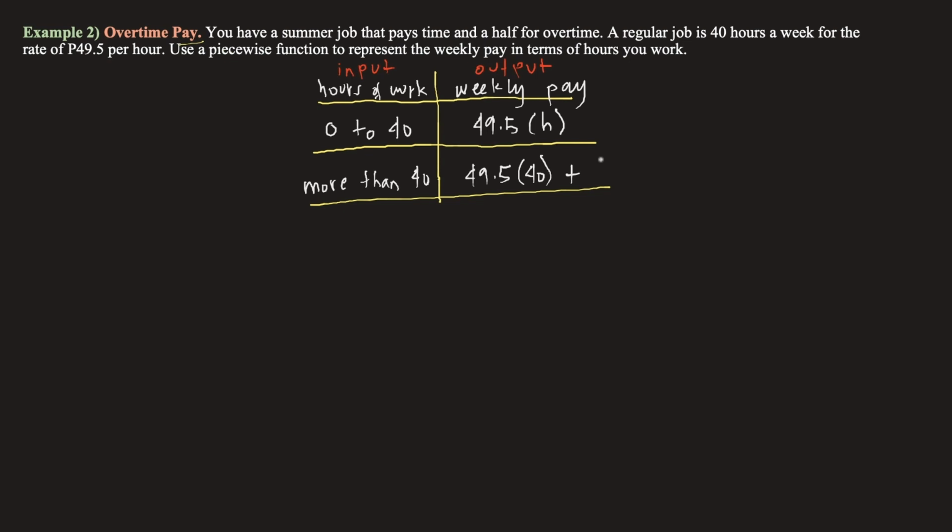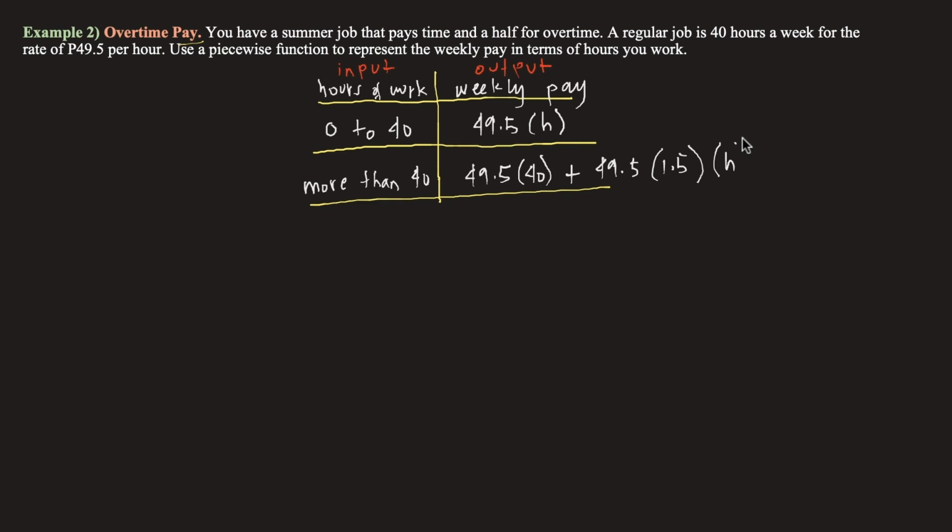So that is calculated as 49.5 times 1.5 times, now here comes the tricky part, because you don't have to write just H, because that represents the total hours you work.